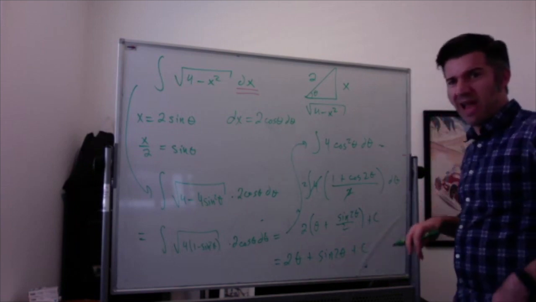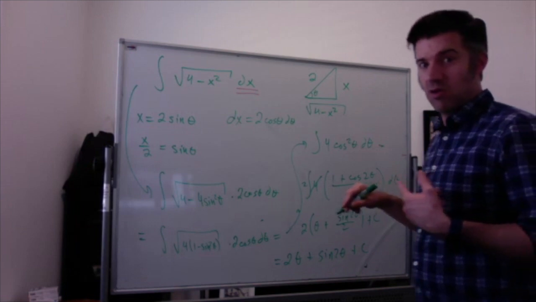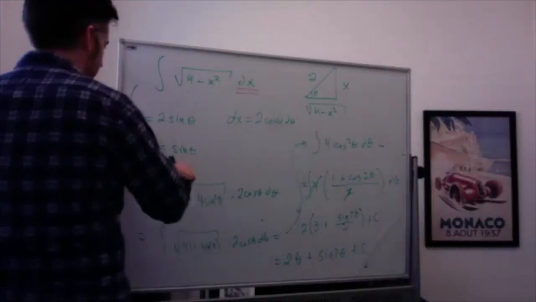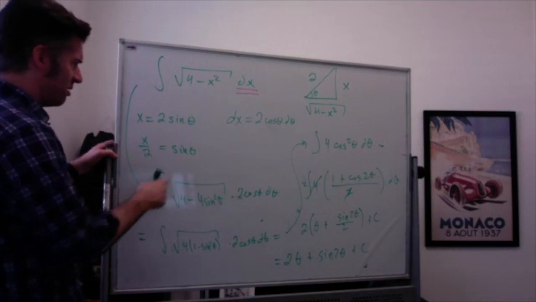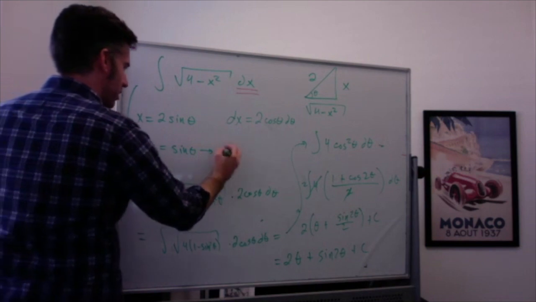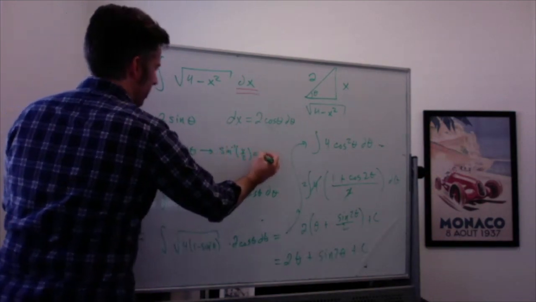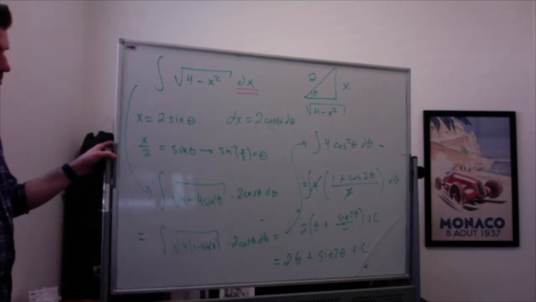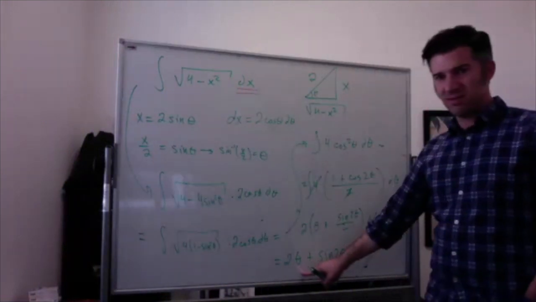But my answer actually needs to be in terms of x. So if x equals 2 sine theta, if sine of theta equals x over 2, then inverse sine of x over 2 equals theta. So that's fine for this part.